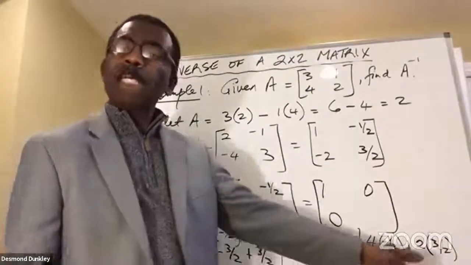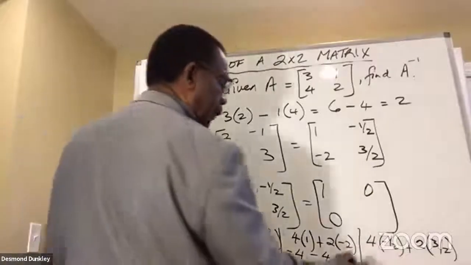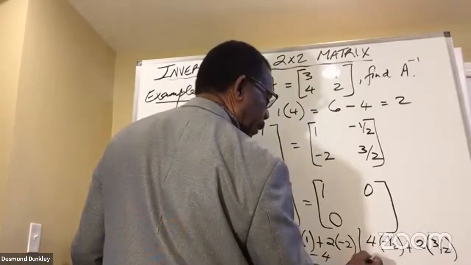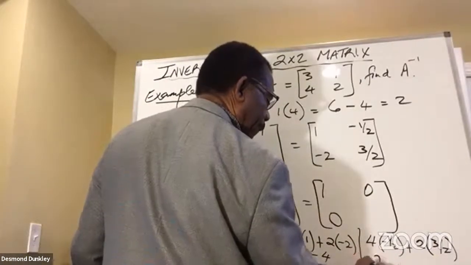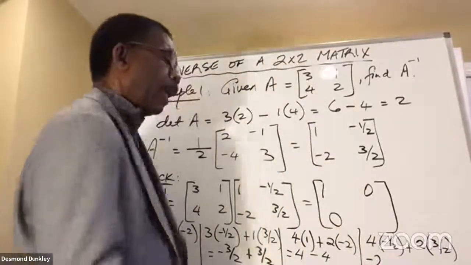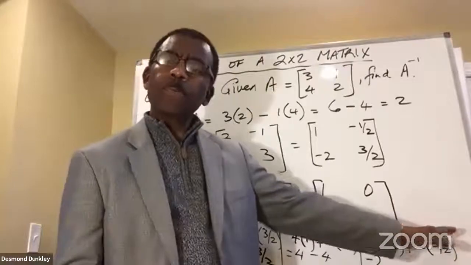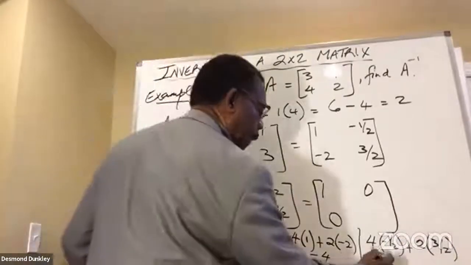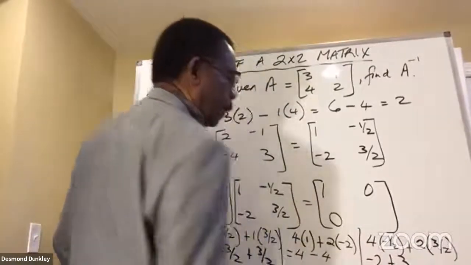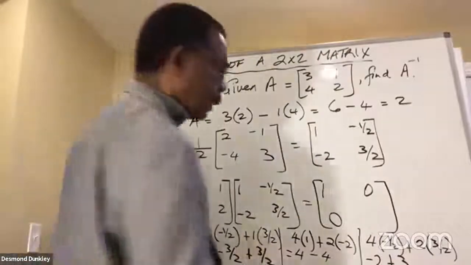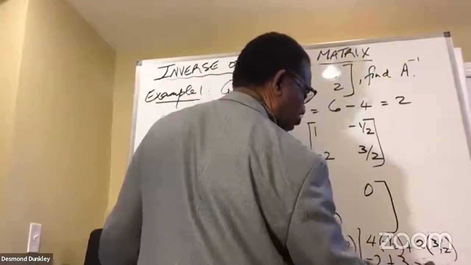What is 4 times negative a half? The answer is -2. And what is 2 times 3/2? It's 6/2, which is 3. And -2 plus 3 is 1.